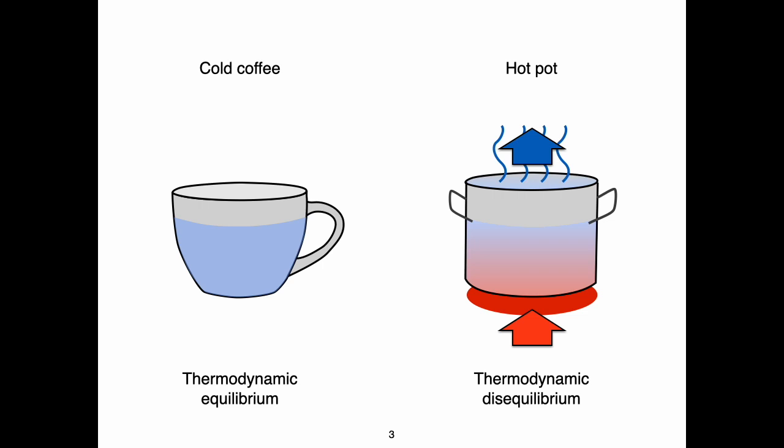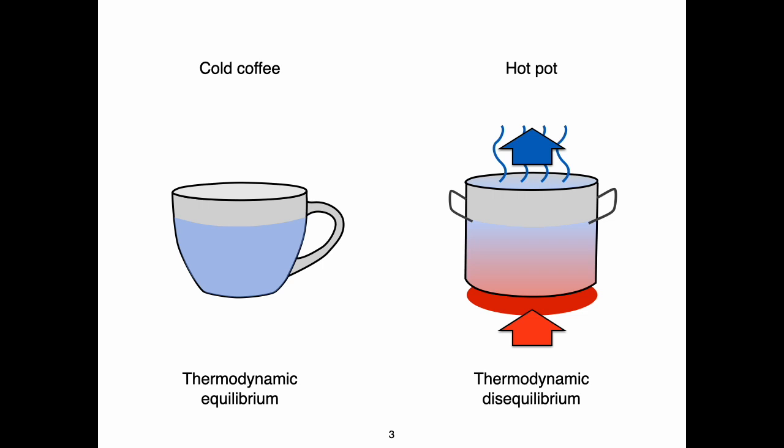The temperature in the pot is warmer than the surroundings. What maintains this temperature difference is that it is being heated from the stove, from the hot plate below. In other words, there is a heat flux going through the system from the hot plate to the cold kitchen.